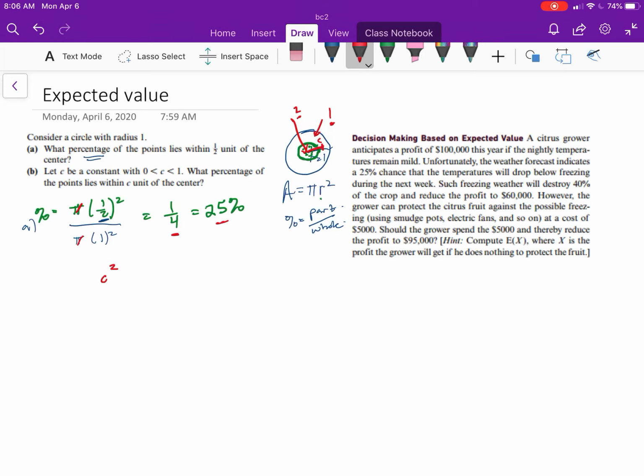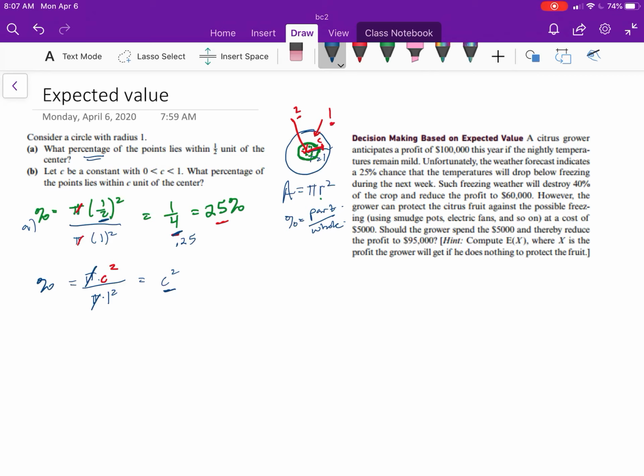We have pi times C squared over pi times 1 squared. So the pi's still cancel. C squared over 1 squared is C squared. Now, how do I write C squared as a percent? Let's think of this one here. 1/4 was 0.25, but then what did we do?